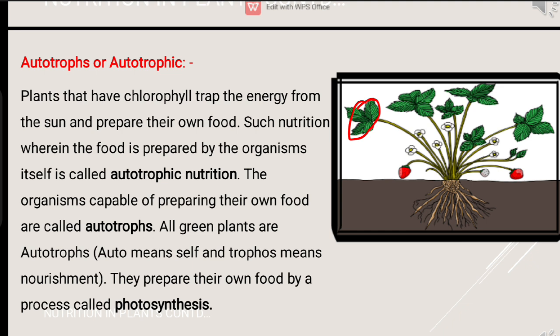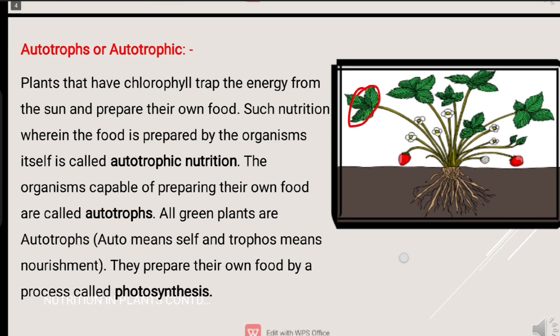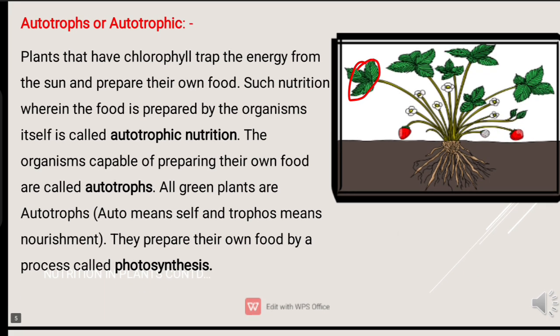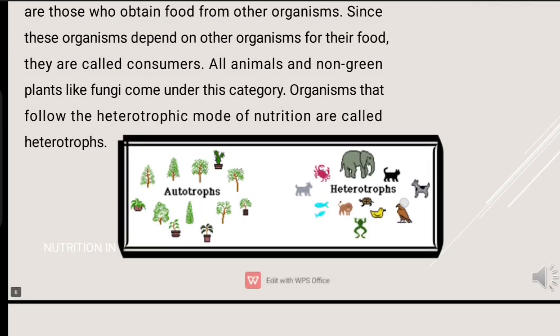Autotrophic nutrients are nutrients that are prepared by plants themselves in the presence of sunlight and chlorophyll. Okay, it means they can prepare their food on their own with the process of photosynthesis.